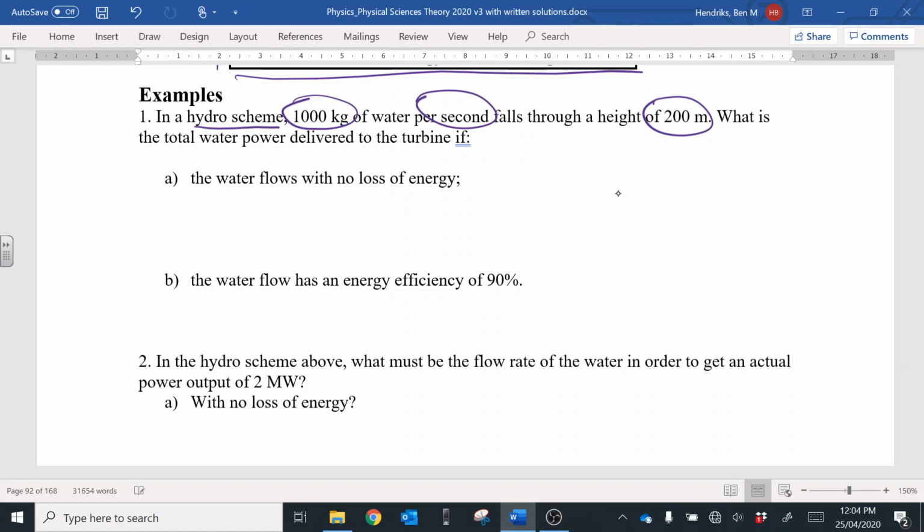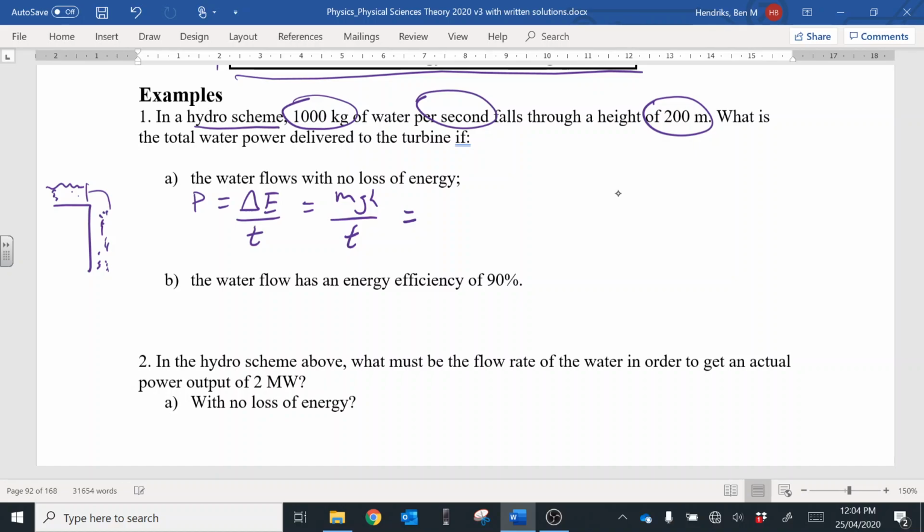Alright, so power is equal to the change in energy over time. We have our hydro dam here, and a bunch of water up here. Then it's simply a matter of changing potential energy, so it's equal to mgh over time.